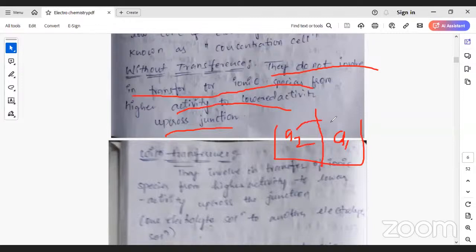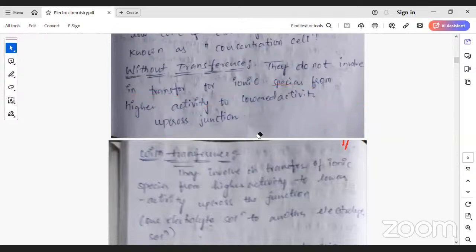If there is a direct transfer of ions, positive or negative, from A2 to A1, that is with transference. If there is no direct transfer, even though the potential is developed, that is without transference.